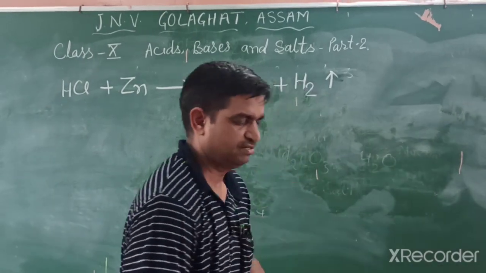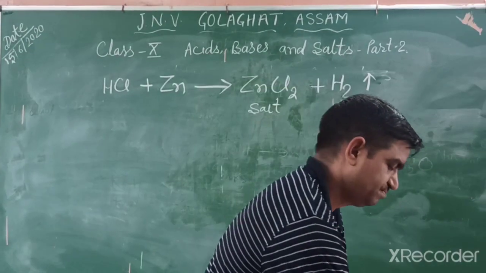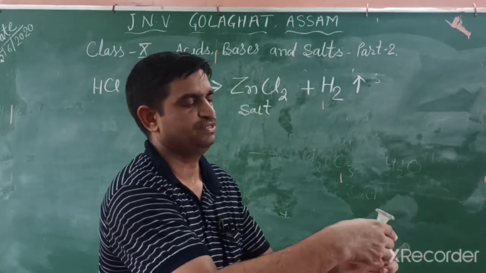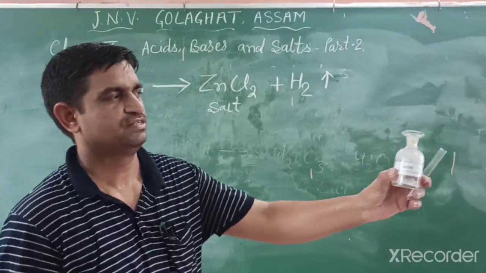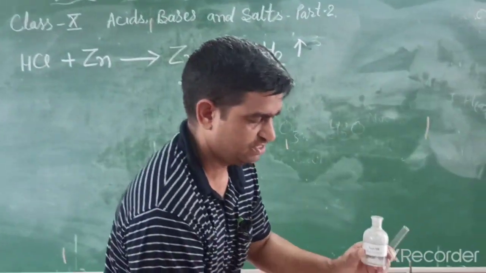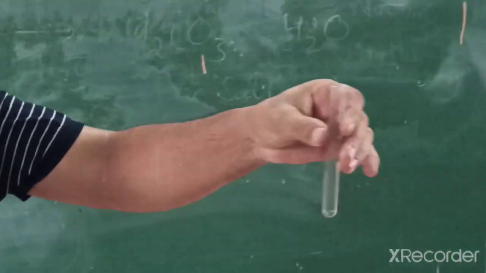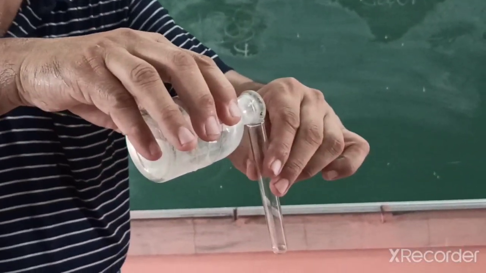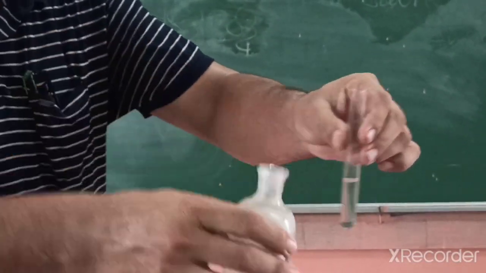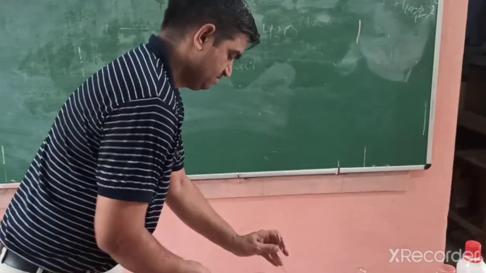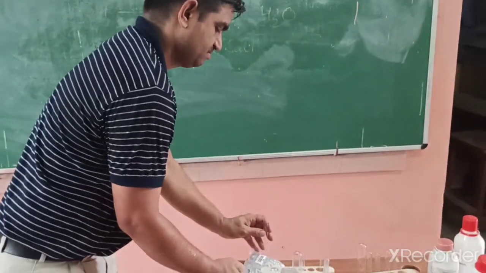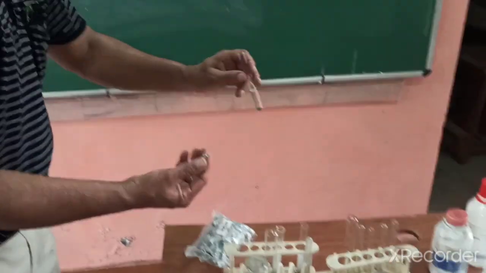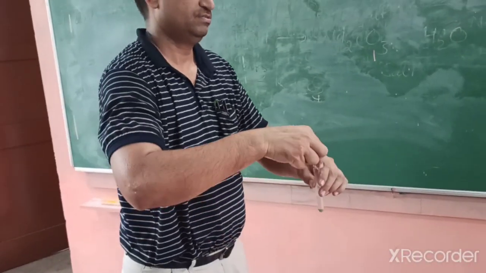Similarly, we can repeat this experiment with sodium hydroxide. If we take sodium hydroxide in this test tube and add zinc granules, these are zinc granules.